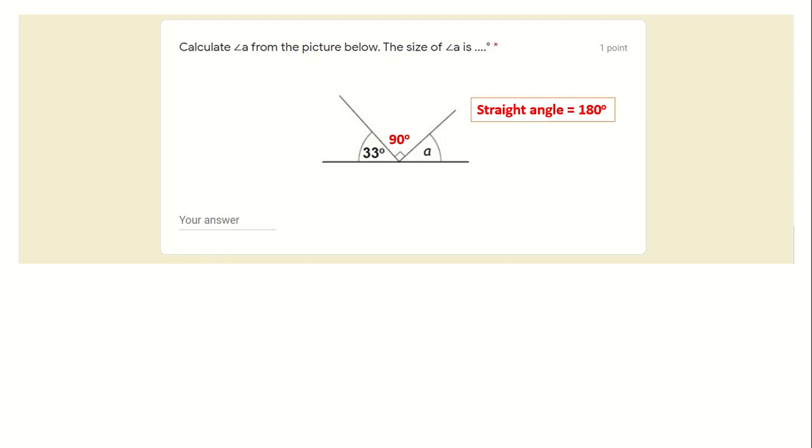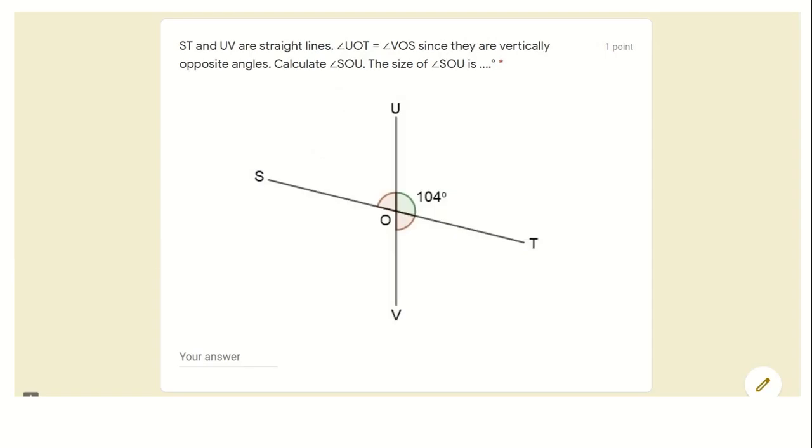So we can calculate easily: 33 plus 90 plus A must be 180 degrees because it makes a straight angle. To calculate angle A, 180 minus 33 minus 90, and we get 57 degrees. So the answer is 57 degrees.